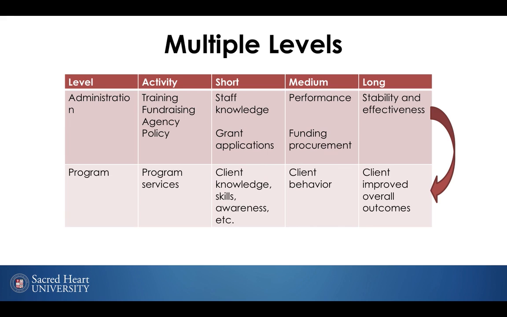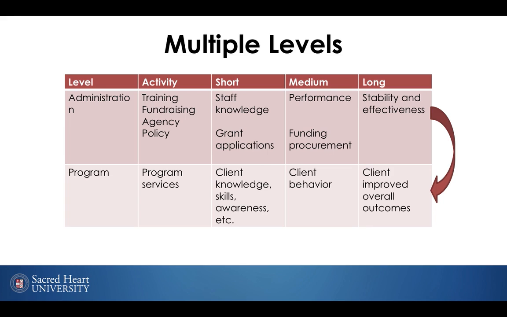For example, in the administration track, your activities might be naming specific kinds of trainings or fundraising activities, or maybe certain agency policies that you're going to amend, develop, or change. Then you'd ask yourself, as a result of our training, our fundraising, or changes in policies, what are our outcomes?